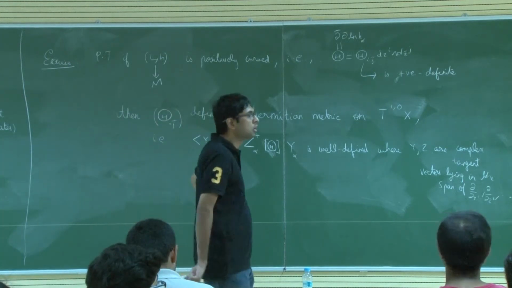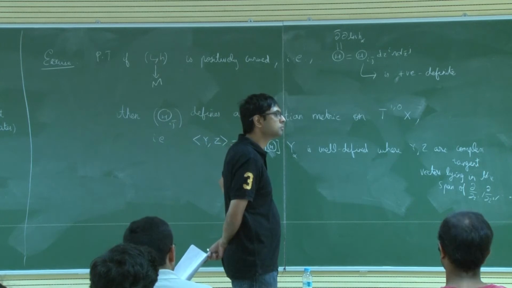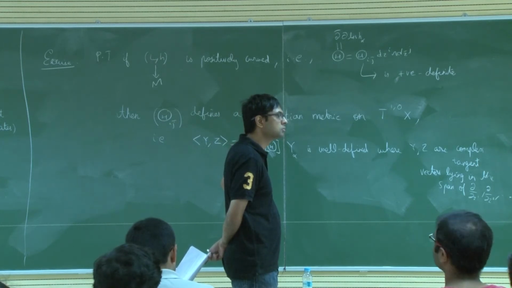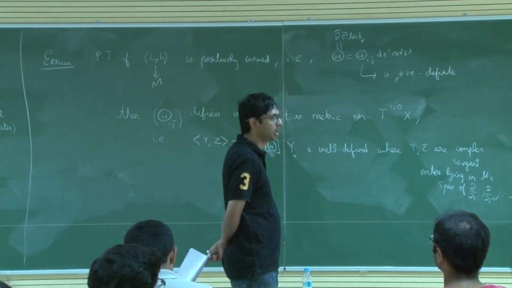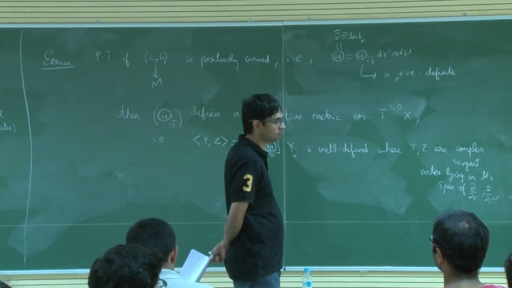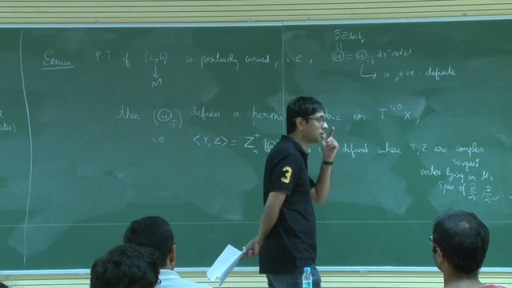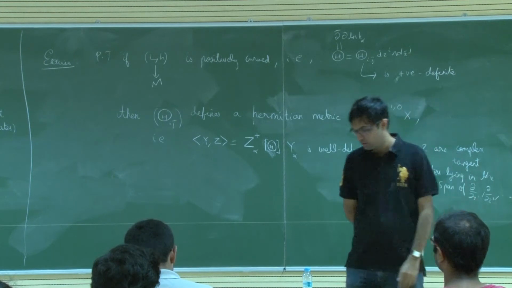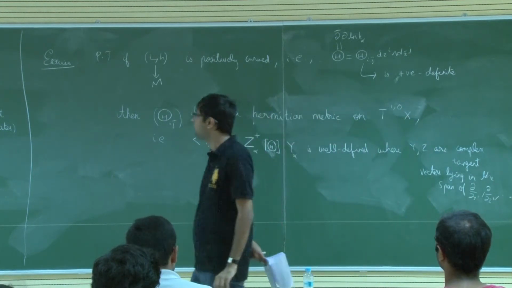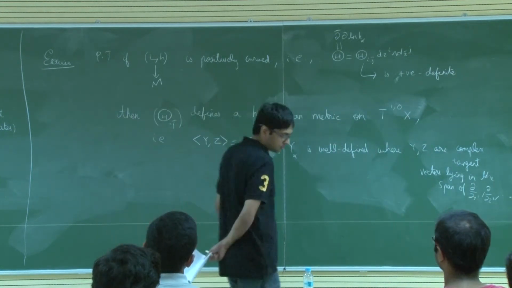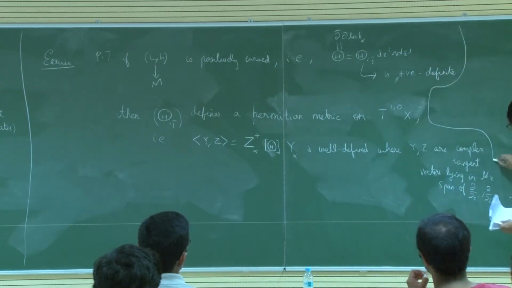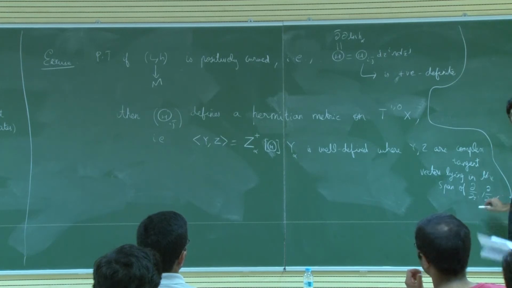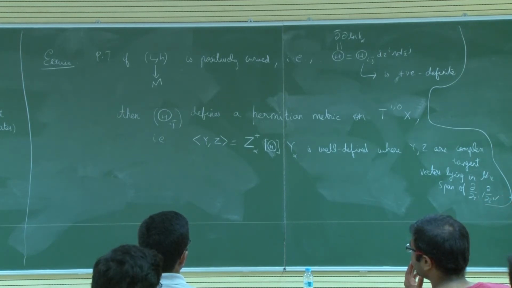Curiosity: if the curvature is not positive definite but just non-degenerate, you get a symplectic form. Even for a symplectic form, we need positive definite?